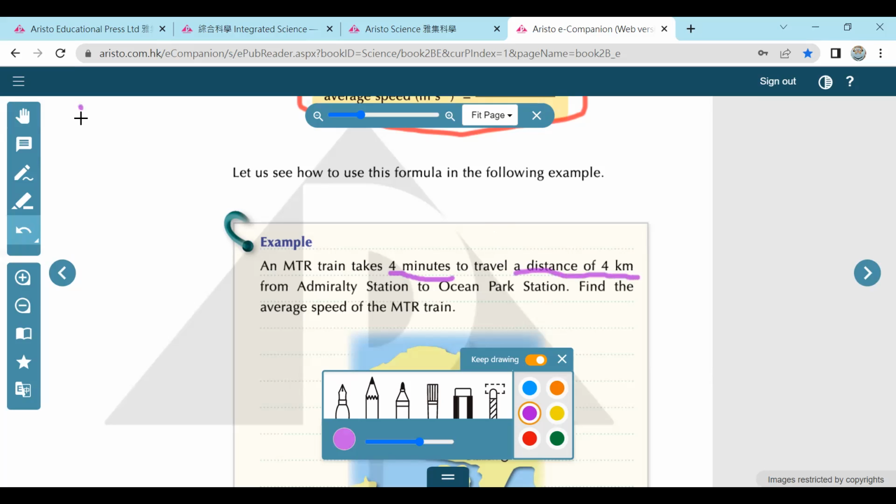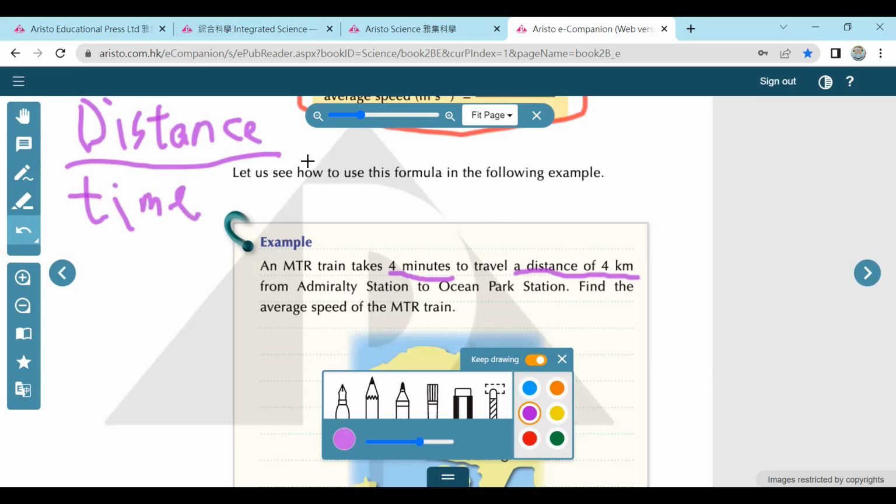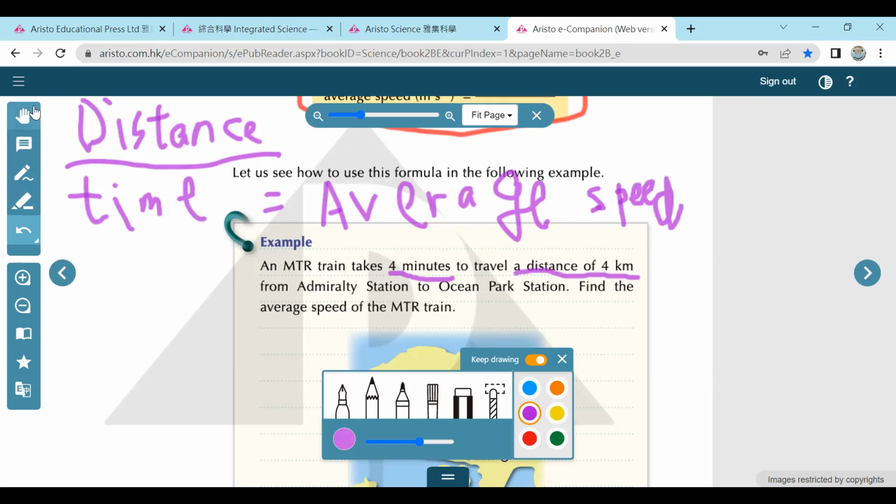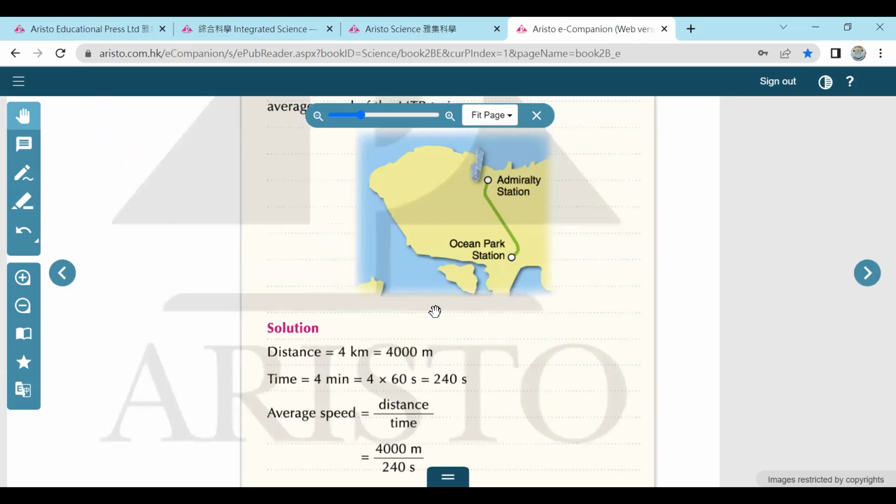It should be the distance over the time, which is called the average speed. 平均速率, okay? You can see that this is the solution.